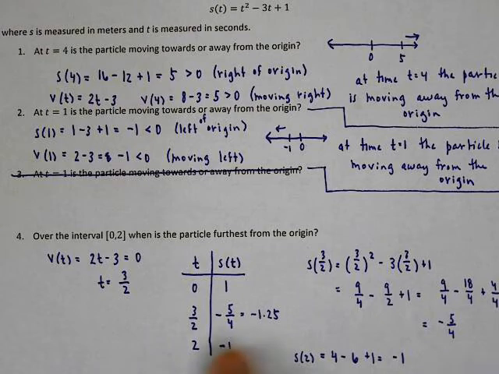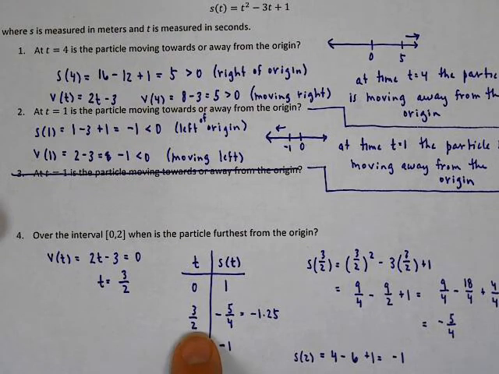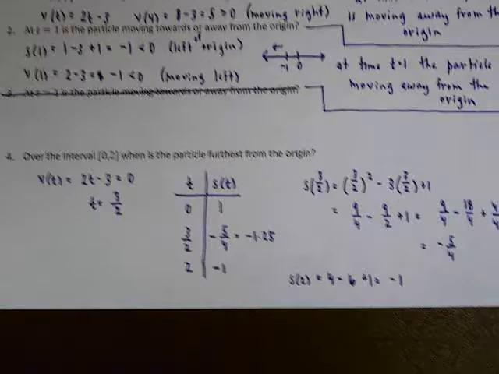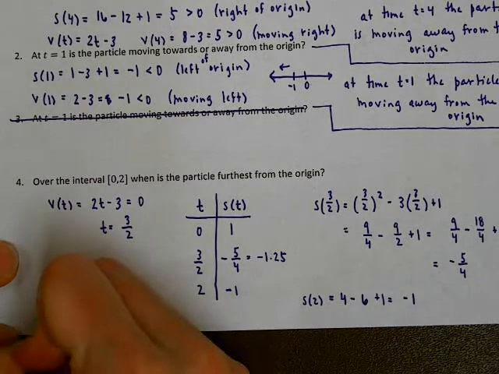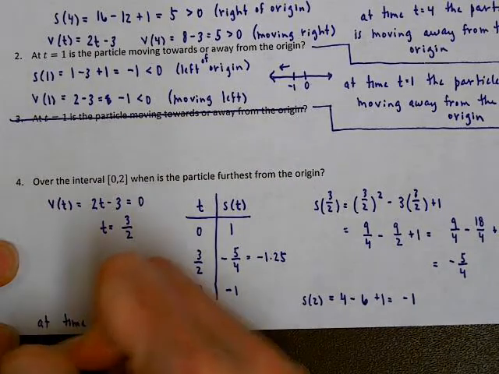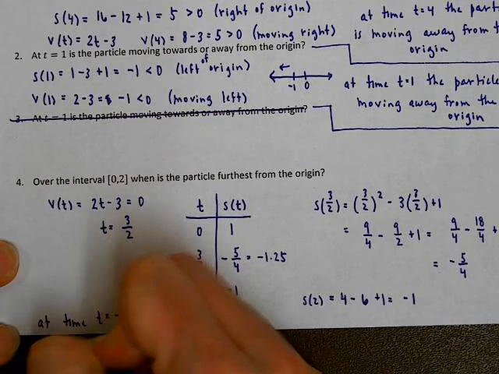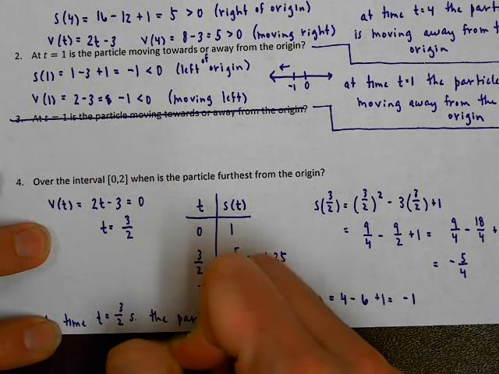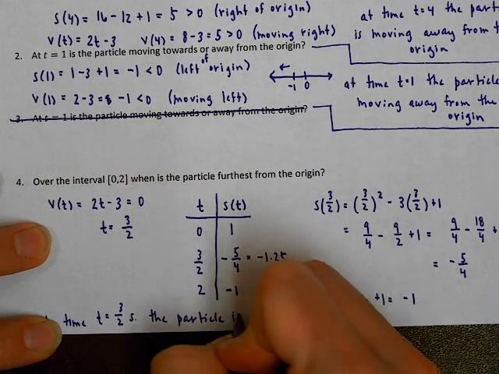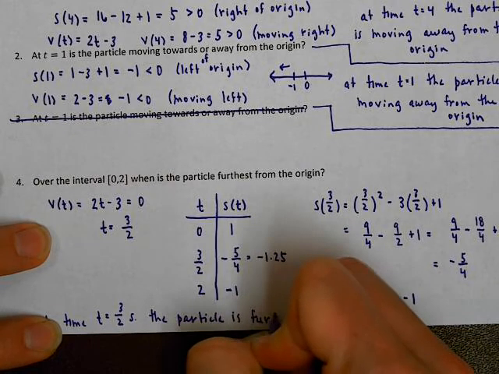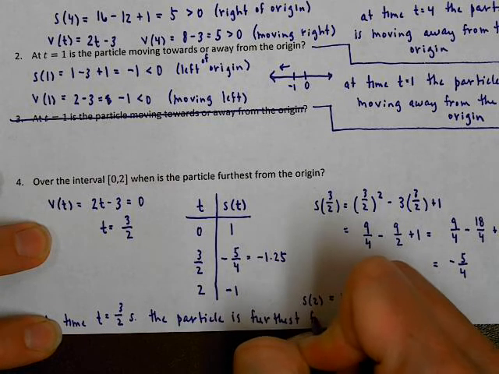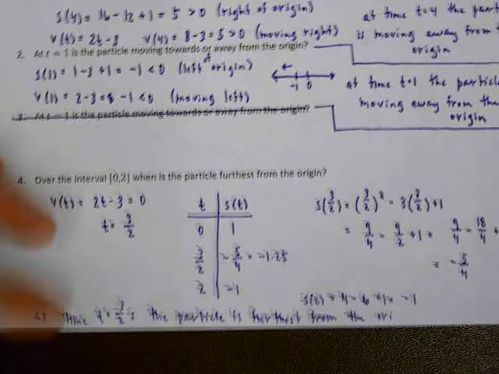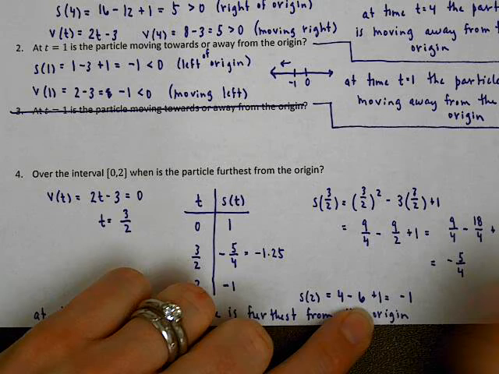So my position that's furthest from the origin happens to be here at this critical point. So I would say, at time t equals 3/2 seconds, the particle is furthest from the origin, because that is the position that's furthest away from 0.